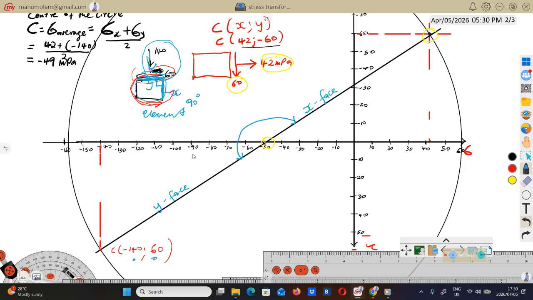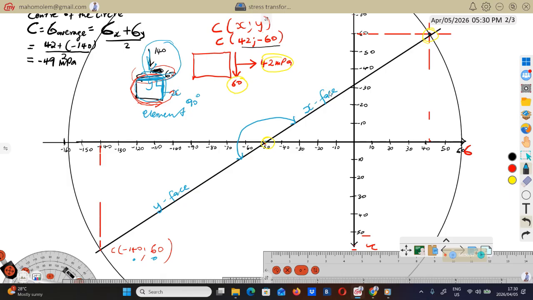So if you rotate the element by 20, you must rotate it by 20 times 2 on the Mohr cycle. From element to Mohr cycle, you multiply the angle by 2. So remember that. That means we're going to rotate this plane by an angle of 48 times 2.